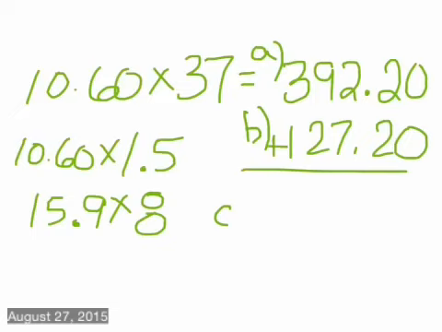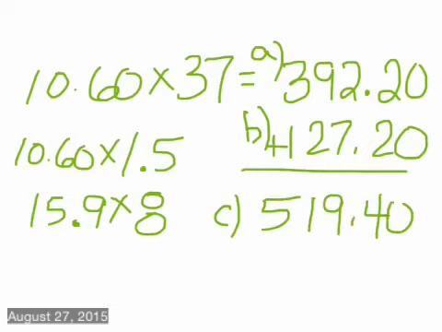And how much money did Stephen make that week? $784.40. Let's try that again. It's a big number, huh? I did that wrong. Shouldn't be in the sevens. Yeah. 519 and 40 cents. I think I pressed one wrong.